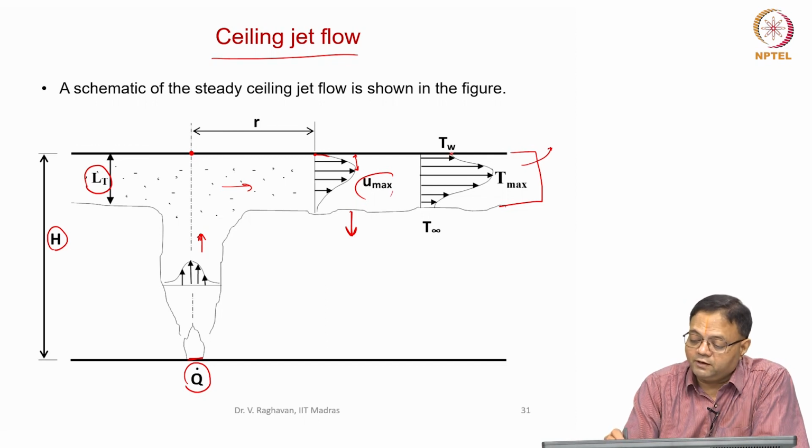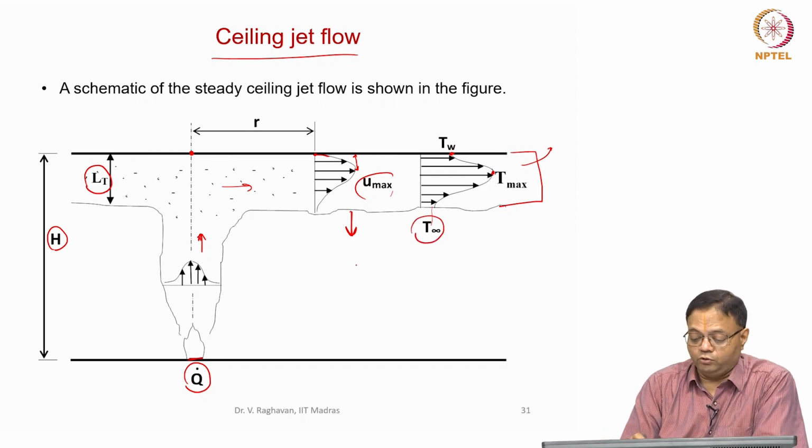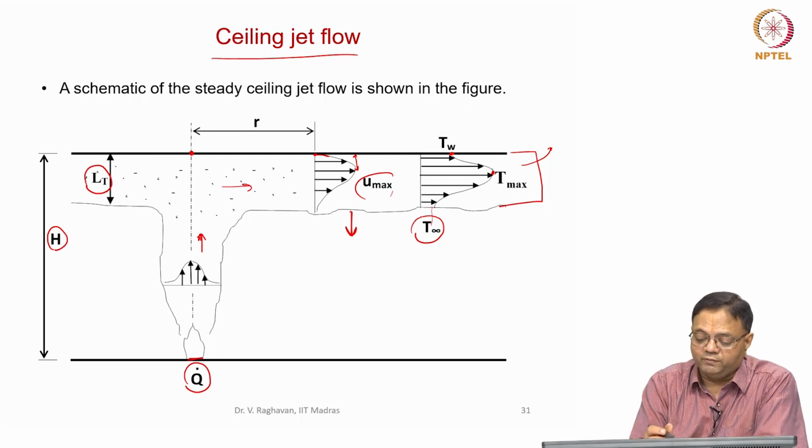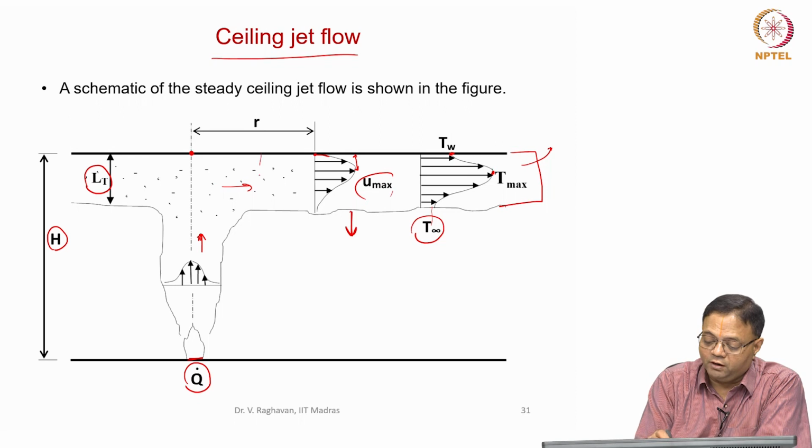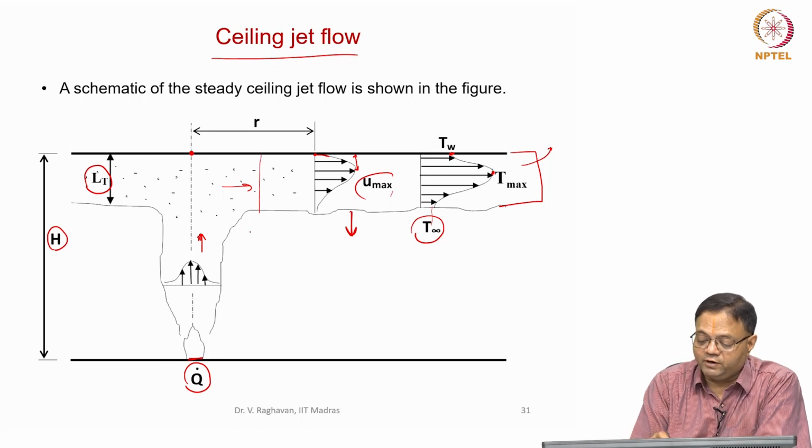Based upon the wall temperature, the temperature will be here, and at a particular distance, the temperature of the ceiling jet becomes maximum. Then it asymptotically reaches the temperature here. So this temperature is ambient temperature because of the location here. If you go to this location, for example, and draw, then the T infinity here will be higher because it is close to the flame.